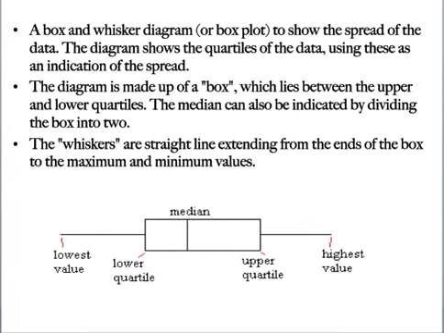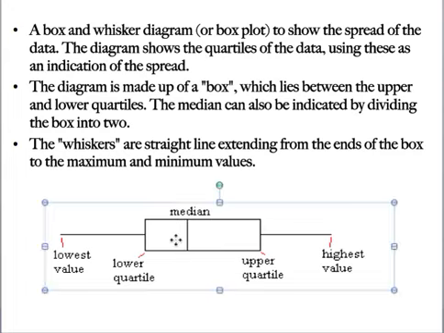Now the box and whisker diagram, as the name suggests, has a box and whiskers, right? You can clearly see the box here and the whiskers on the end. Now the box and whisker diagram is often referred to as a 5-number summary.